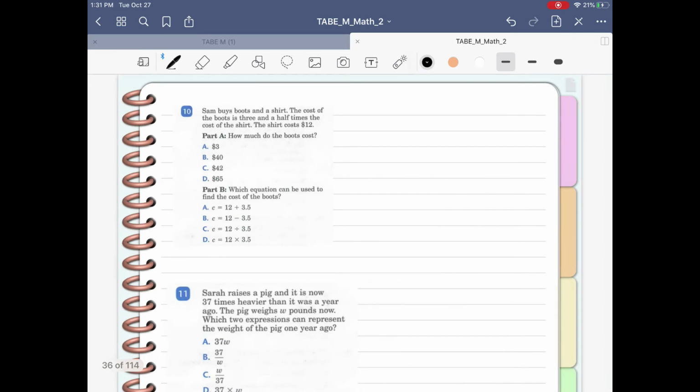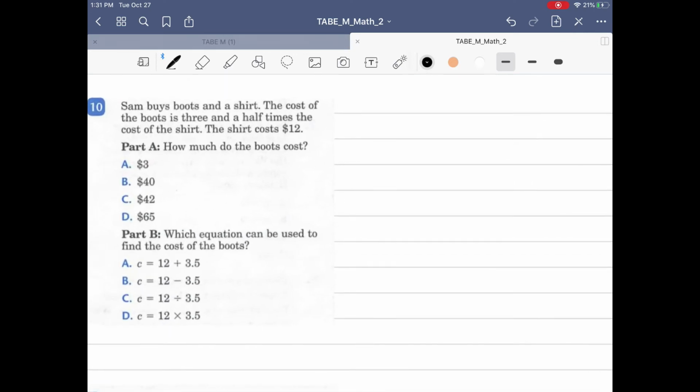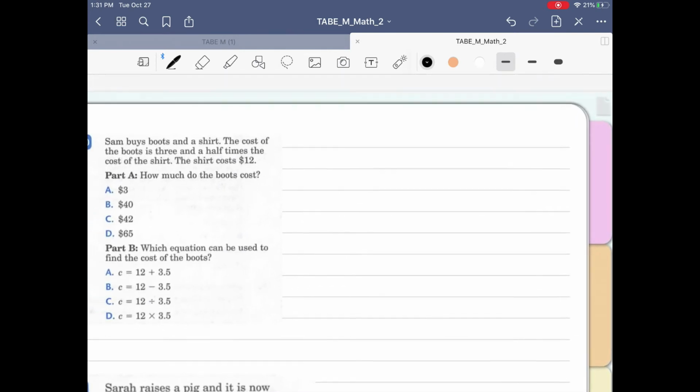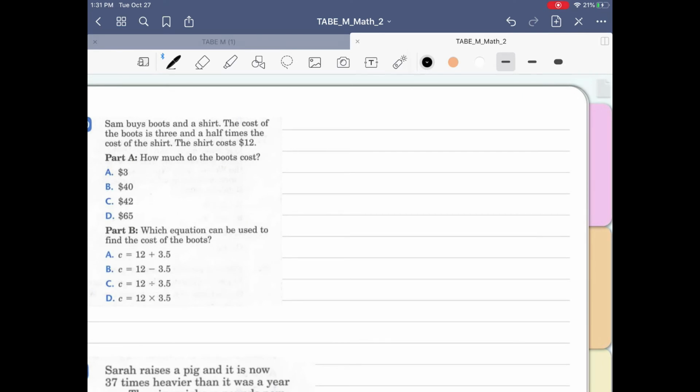Number 10. Sam buys boots and a shirt. The cost of the boots is 3.5 times the cost of the shirt. The shirt costs $12. So we know that the boots are 3.5 times the shirt.